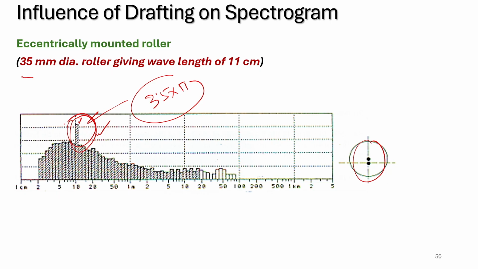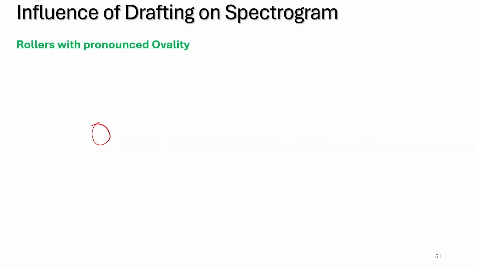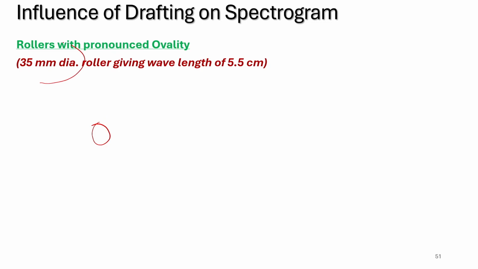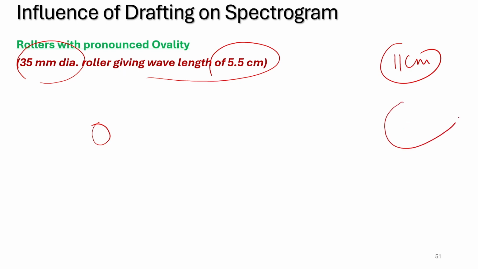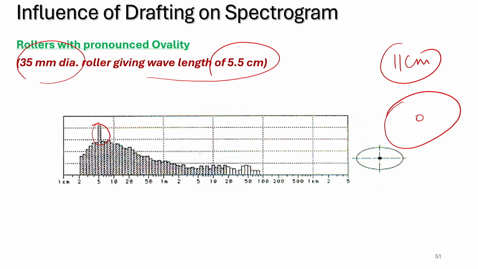Now, if there is considerable ovality, the 35 millimeter roller will give the peak at 5.5 centimeter instead of 11 centimeter. Why? Because if considerable ovality is there, then for every rotation it will create 2 such peaks. Okay. So this is approximately 5.5 centimeter, but the average roller diameter is 35 millimeter.